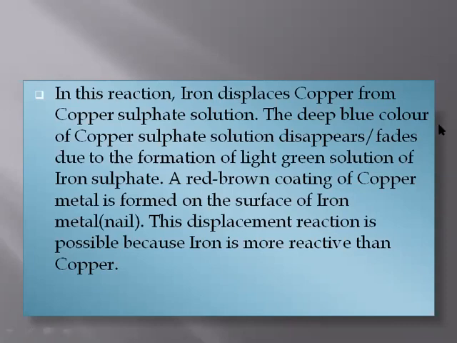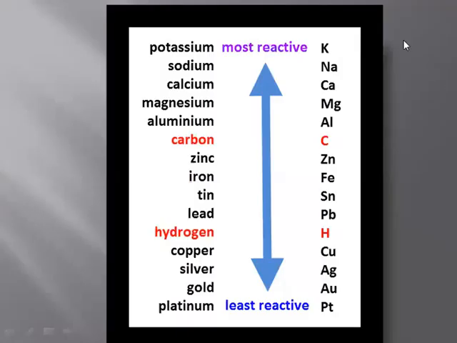This is the reactivity series of elements. A very common example of the reactivity series is shown here. So the elements which are more reactive can displace the moderately or less reactive elements from their compounds.